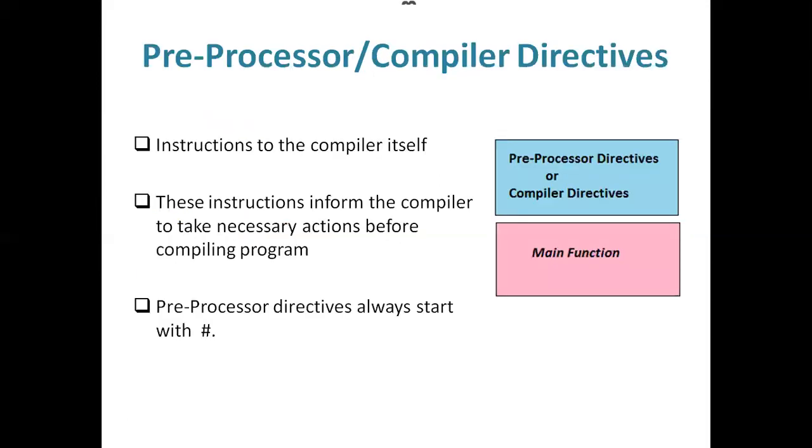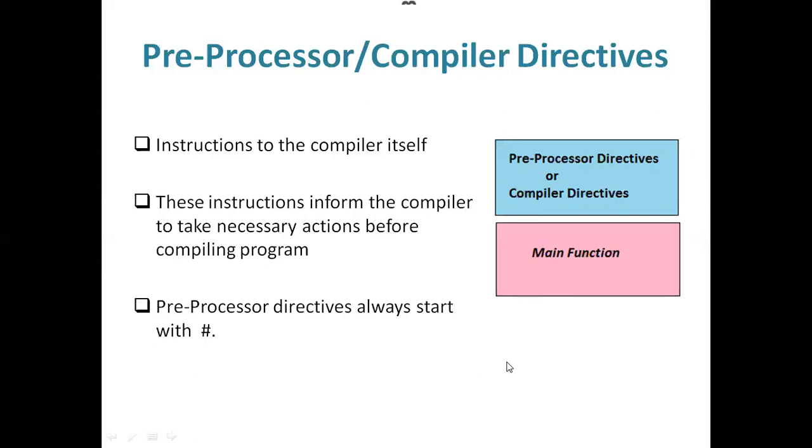The second topic of today's lecture is the preprocessor, also called the compiler directives. As you can see in this diagram, the preprocessor directives or compiler directives are written before the main function block. These are instructions to the compiler itself.